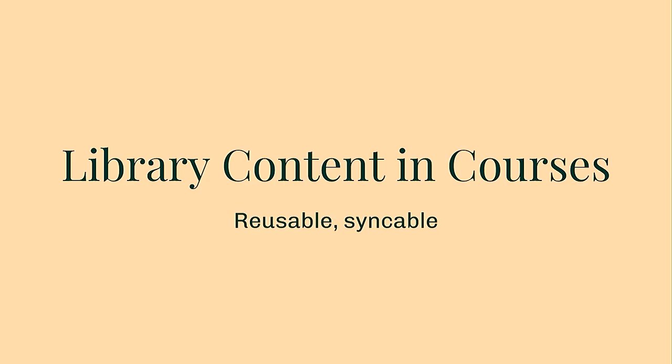Once you've got your content imported from your course into a library, then you can reuse it. What we encourage you to do is to treat the library as your source of truth. It is your best copy of your content, your most recently updated copies, so that when you want to create a new course from that content, you can use that and know it is what you want.